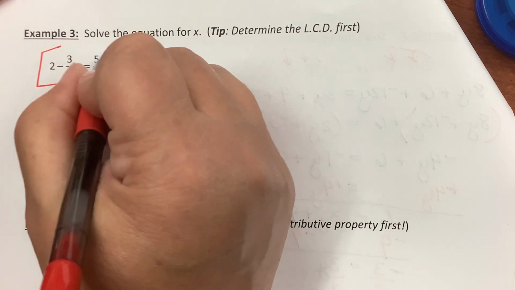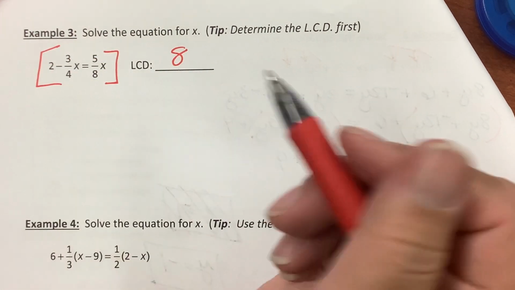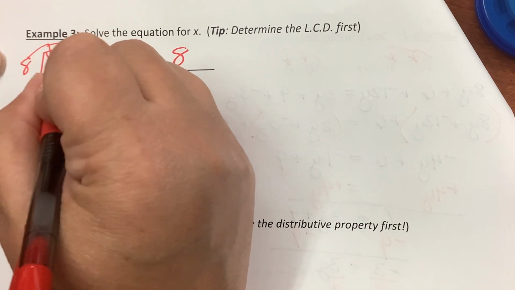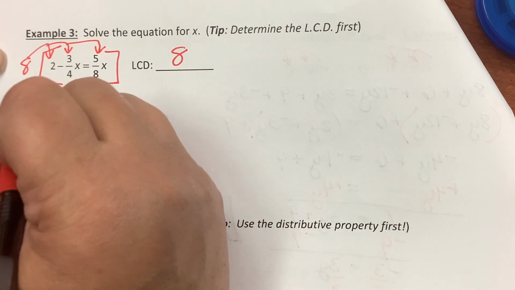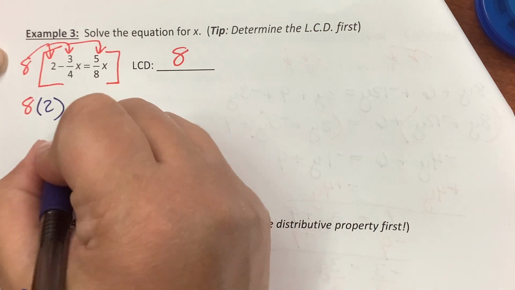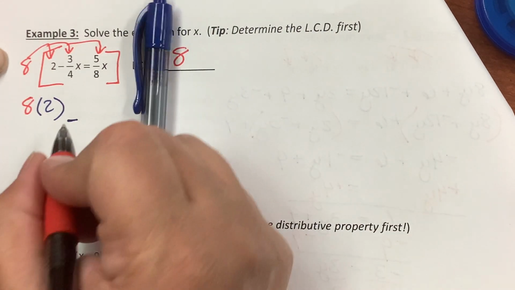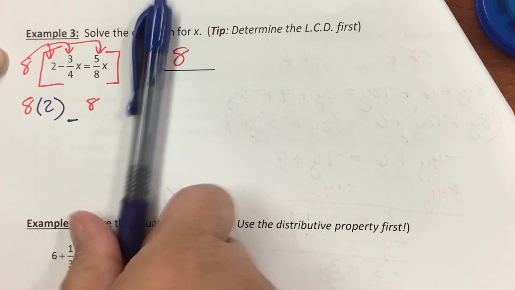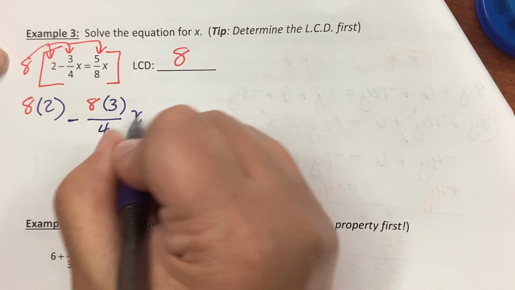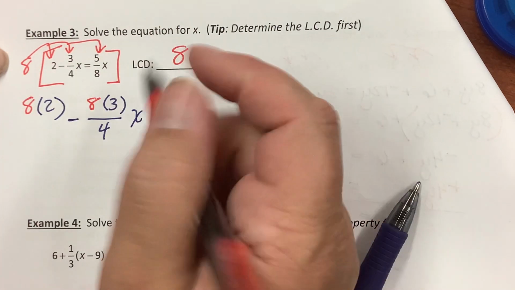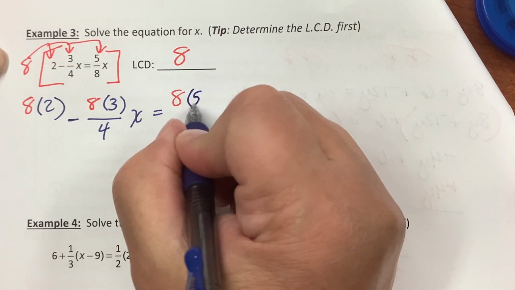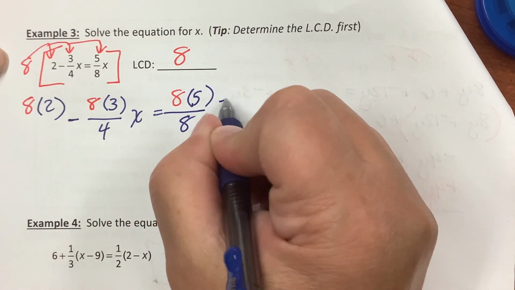So everybody, and everybody, there's no parentheses there, times 8. 8 times 2 minus 8 times 3 on top divided by 4, x equals 8 times 5 divided by 8, keep the x.